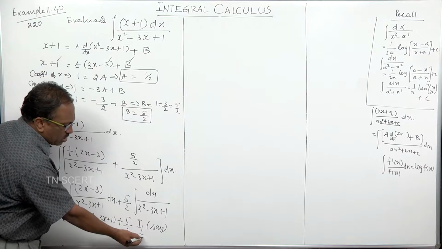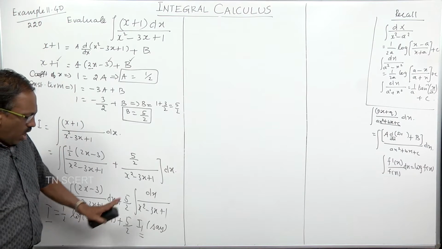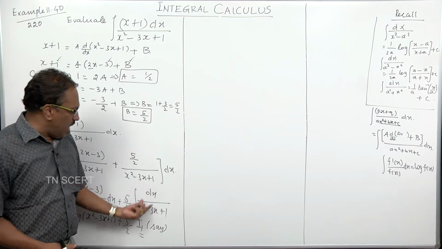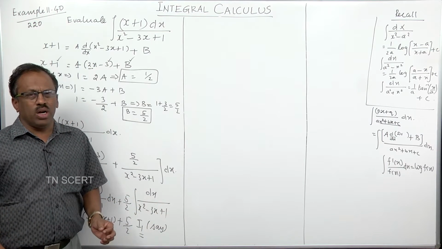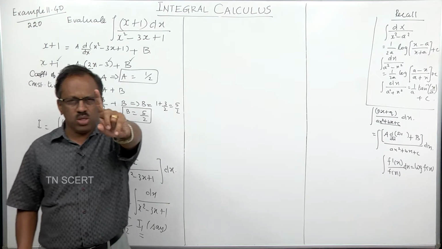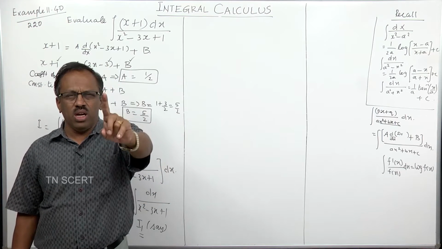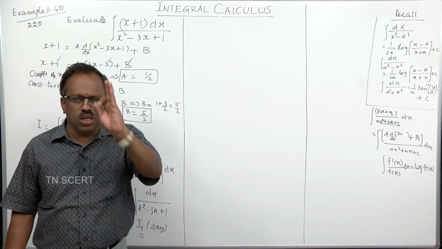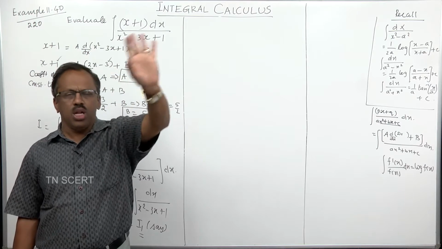Now what about this I1 here? I have to calculate this value, for which you have to recall that dx by x square minus 3x plus 1 involves 3 cases: integral dx by x square minus a square, integral dx by a square minus x square, and integral dx by x square plus a square. These are the 3 formulas you have to recall immediately.